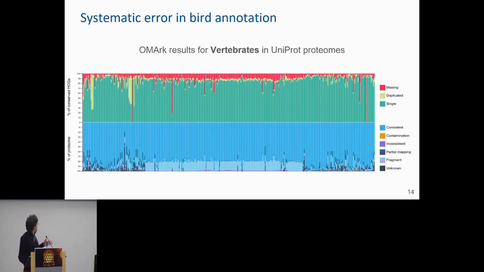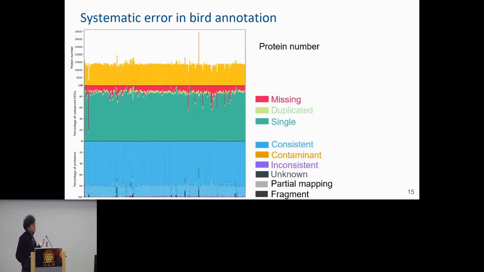One of the things we noticed in the OMArk data that I wanted to outline here is that, for the vertebrate genomes in UniProt, there was a strange pattern of one taxonomic division with a lot of fragments, around 20% fragments. When we looked into it, it was actually bird genomes. But even though there are fragments in most of them, it's not the case for all.